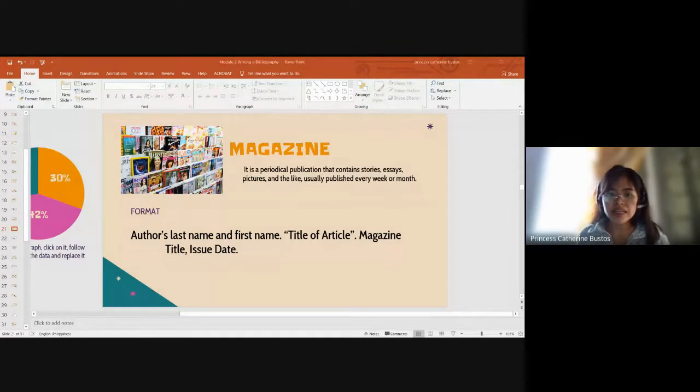And here we have the author's last name and first name, then period, title of article, magazine title, and issue date, with a comma before the issue date. So that's very easy.